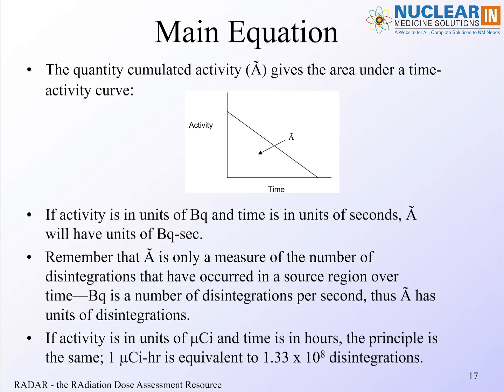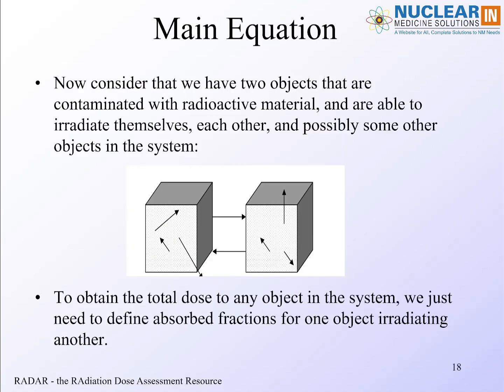So we'll calculate dose to that organ, of course, but also every other organ in the body, which may get some of that radiation, photon radiation that escaped the original source organ. And we almost never in internal dosimetry have only one source organ.